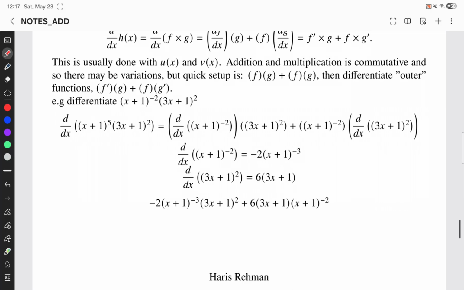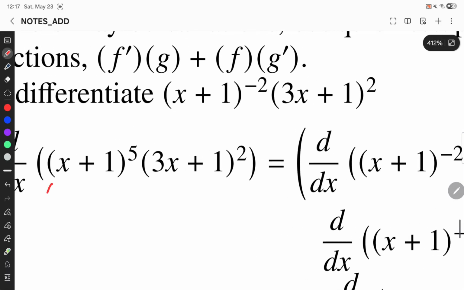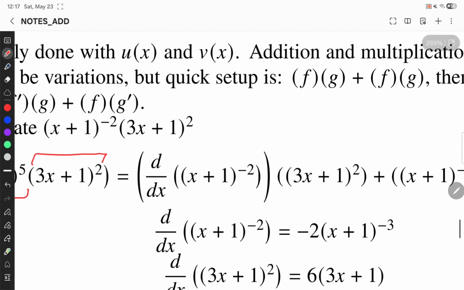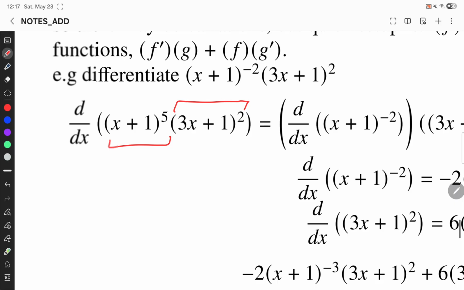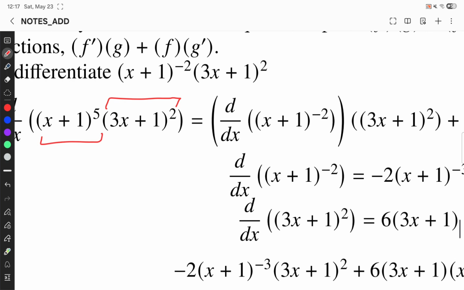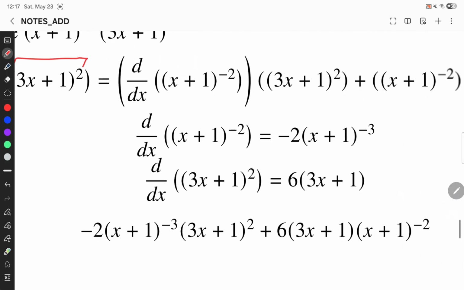Okay, here is an example. Here we have two functions, function f and function g. Here we differentiate the first function. I think we did a misprint. This should be -2 here, not 5. Sorry.